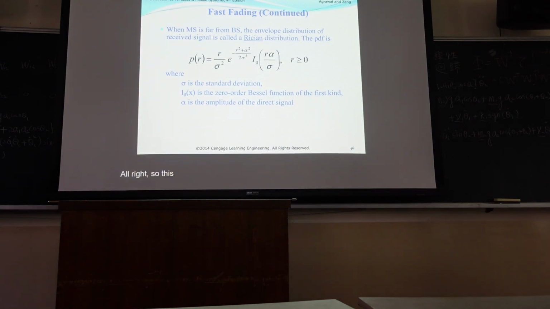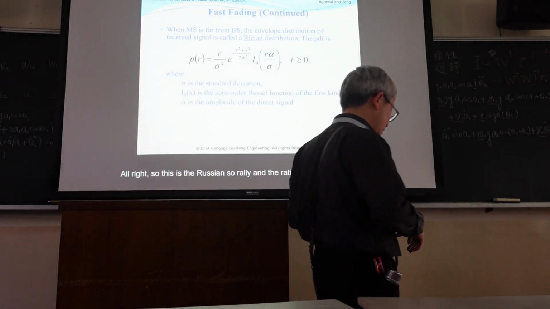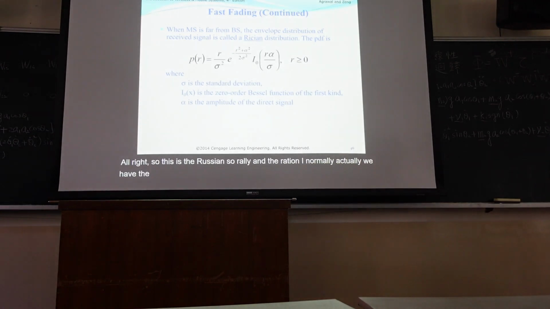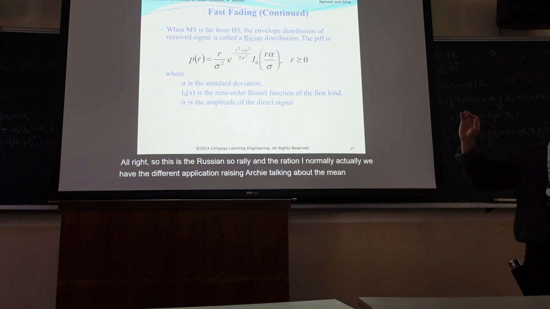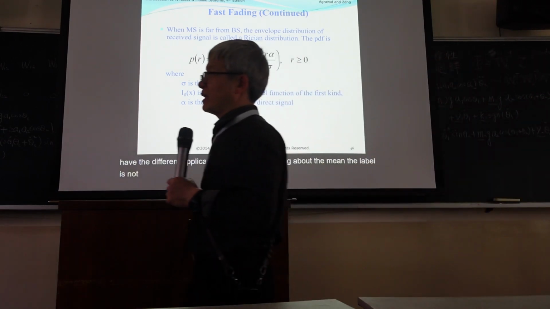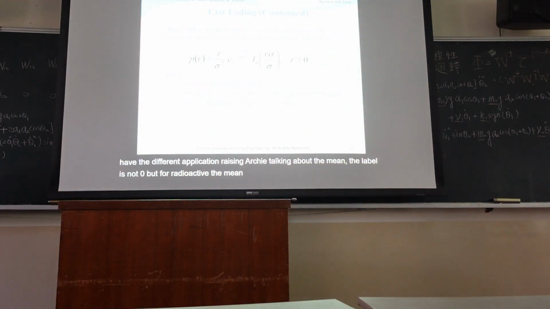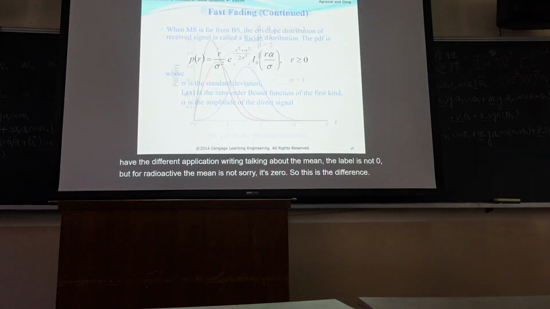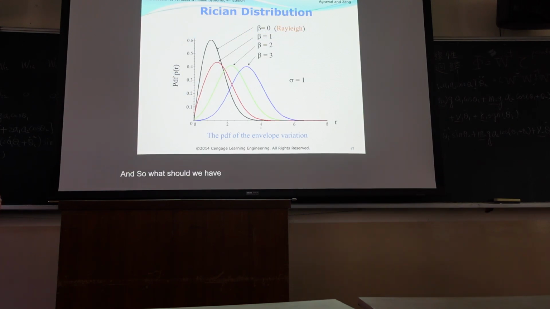So Rician and Rayleigh normally have different applications. Rician is about the mean, the level is non-zero. But for Rayleigh the mean is 0. So this is the difference. And then for Rayleigh we have the sharp envelope for the distribution.